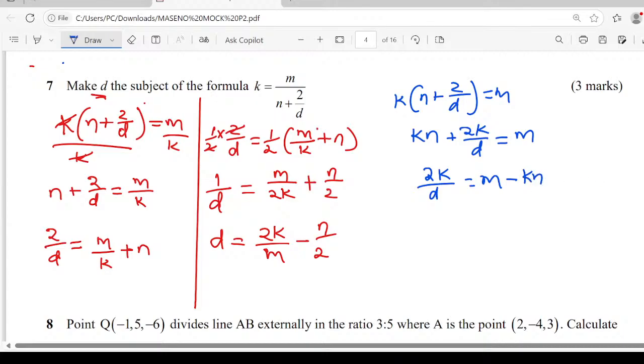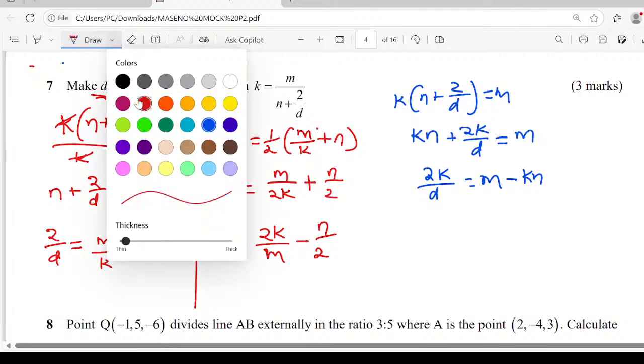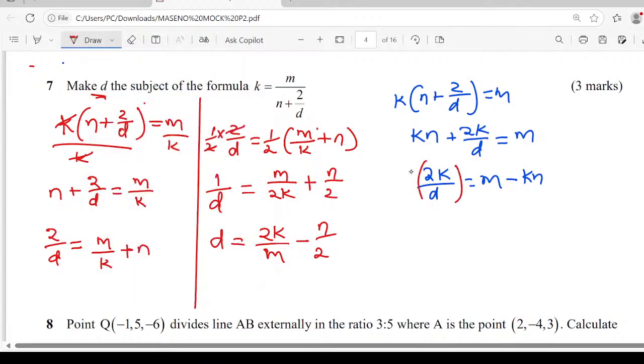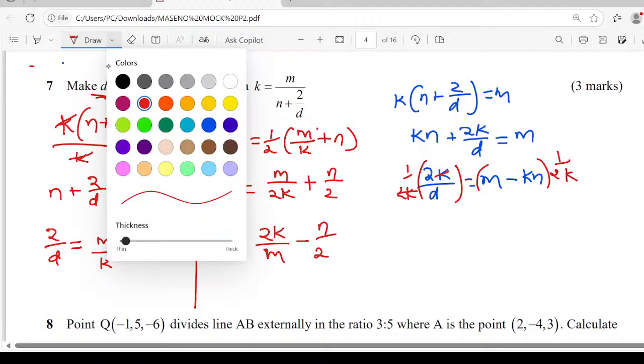Then I want to get this d. I have to multiply through by 1 over 2k. So I'll multiply this side here by 1 over 2k, also here by 1 over 2k, so that this and this cancel. And if that cancels, I'm now going to remain with 1 over d.